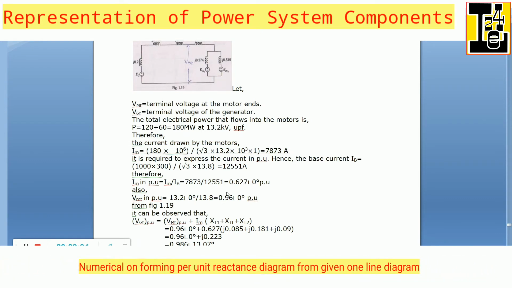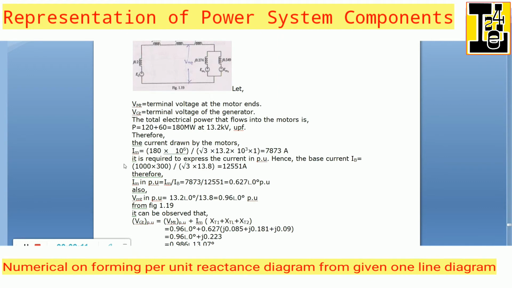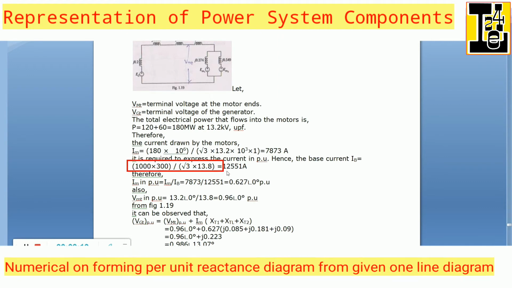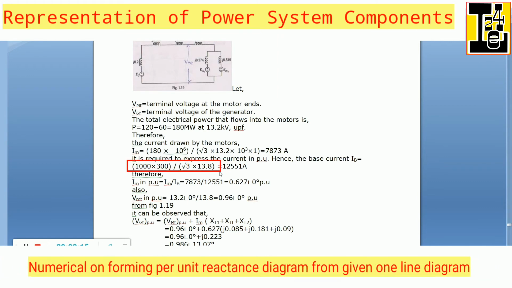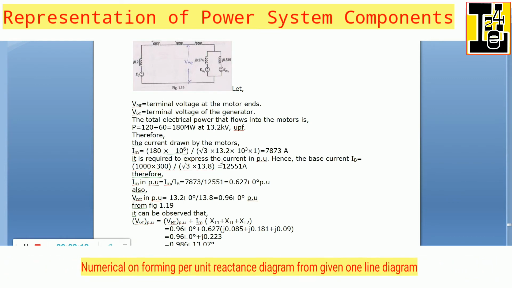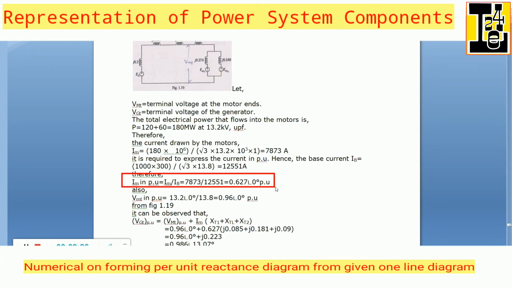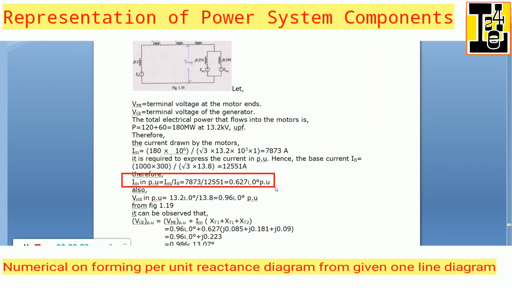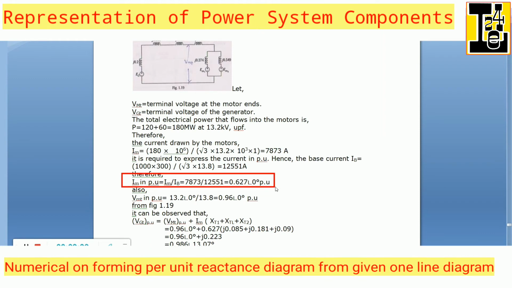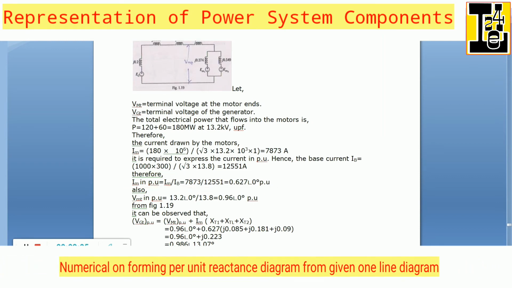It is required to express the current in per unit, hence we need the base current for this. The value is 1000 into MVA divided by root 3 into kV base. Here the base current is 12551 ampere. Therefore IM in per unit, that is the actual value of the motor current drawn divided by the base value, that is 7873 divided by 12551, is equal to 0.627 at an angle 0 degree per unit.